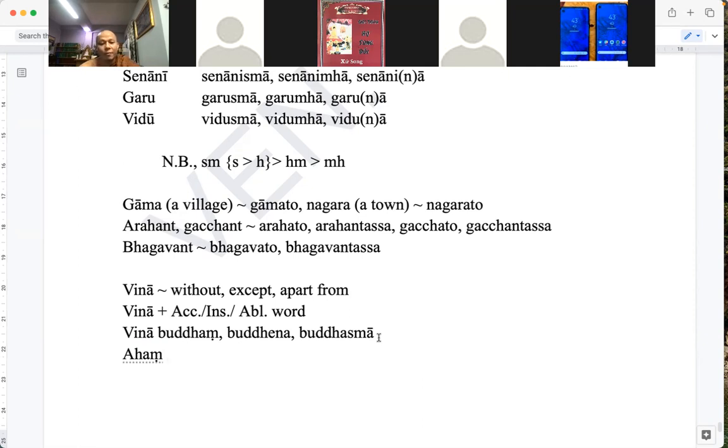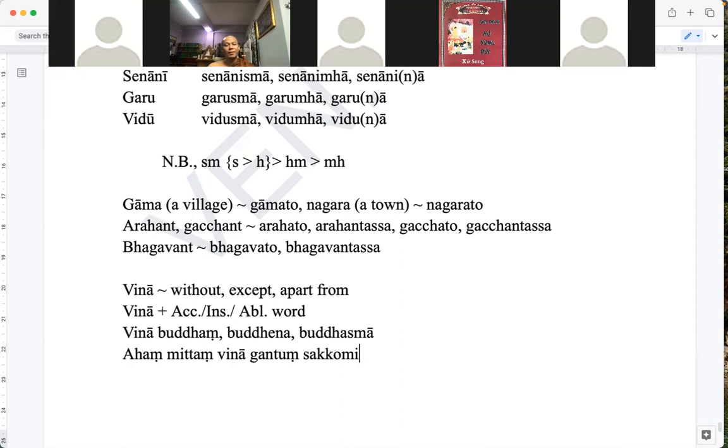Yeah, anyone. In this way, handmade dan wina gandon sakomi, or handmade dina wina gandon sakomi, or handmade sama wina gandon sakomi. Anything you like. Thank you very much, Bante. I got it.